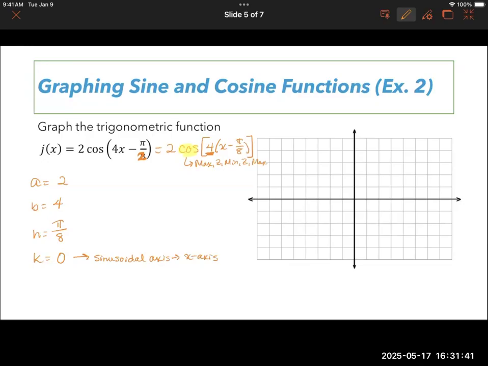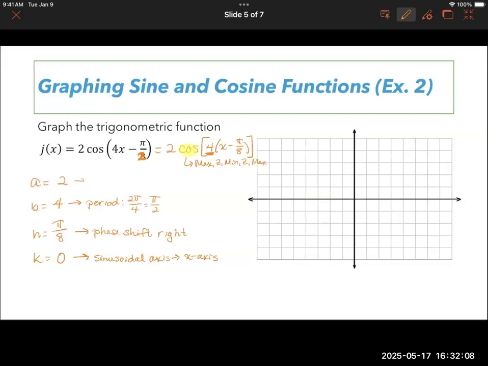Okay. This tells us that we are going to have a phase shift. And since it is a positive pi over 8 for h, we're going to be moving to the right. B equals 4 is going to give us our period. So 2 pi over 4 simplifies to pi over 2.